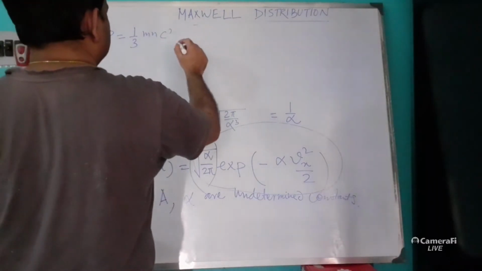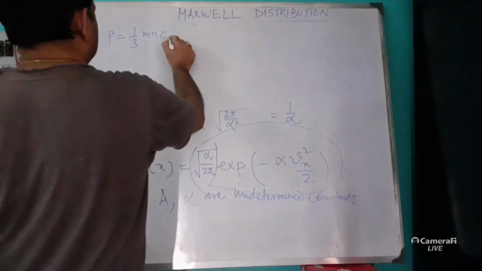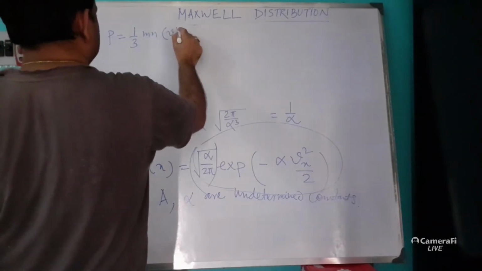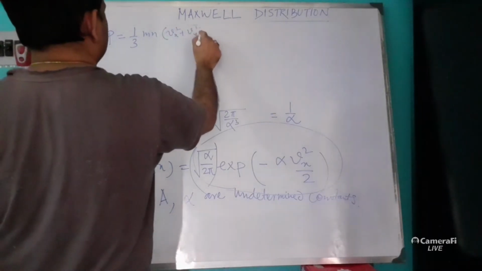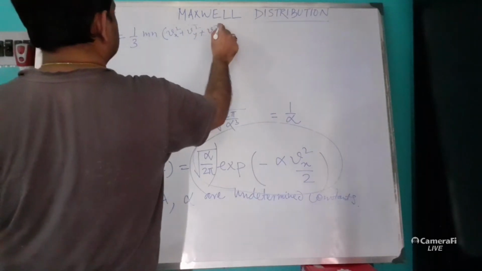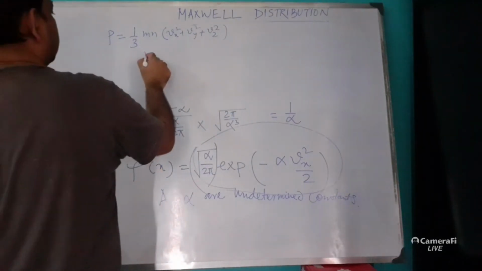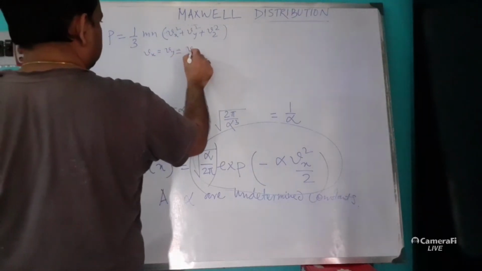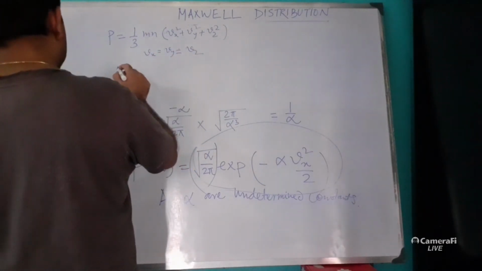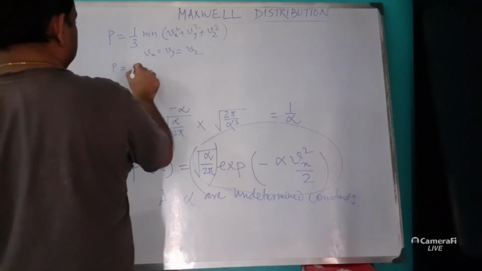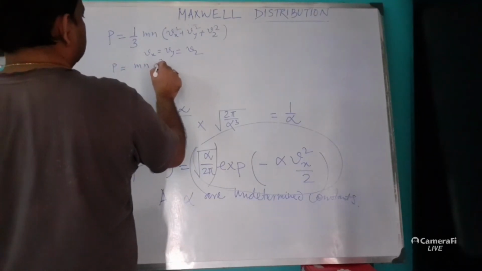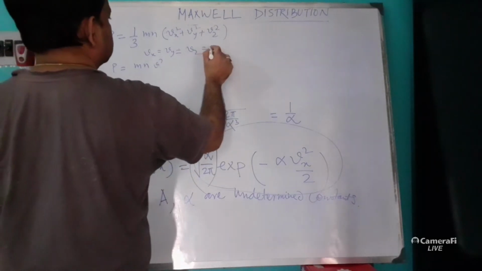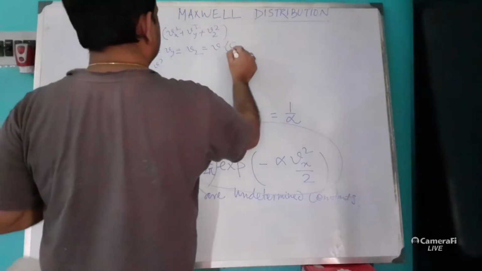This c squared, for simplicity, we can write as Vx² plus Vy² plus Vz². So assume that Vx is equal to Vy is equal to Vz. Then it becomes P is equal to m n V squared.